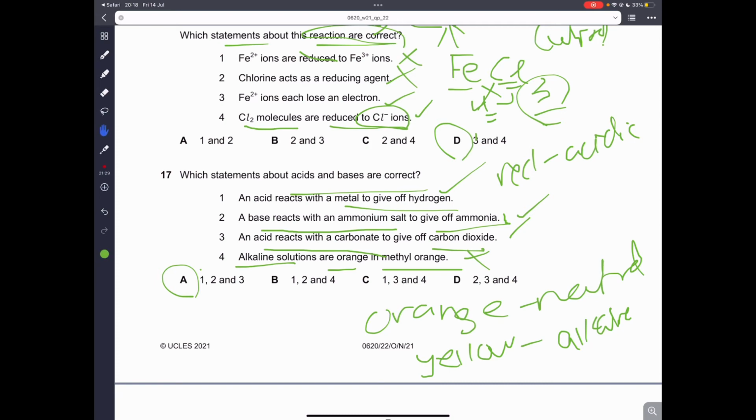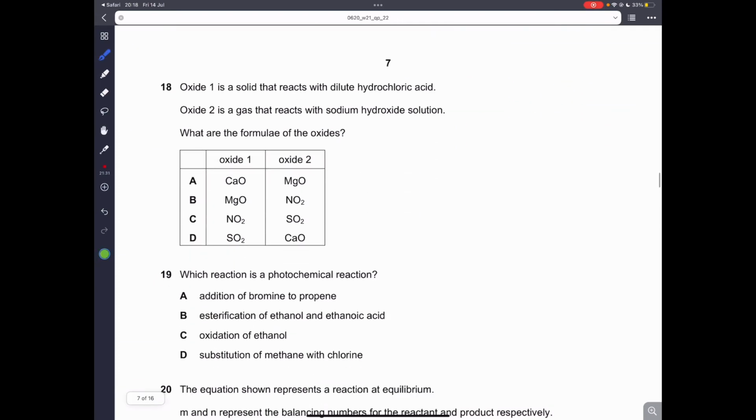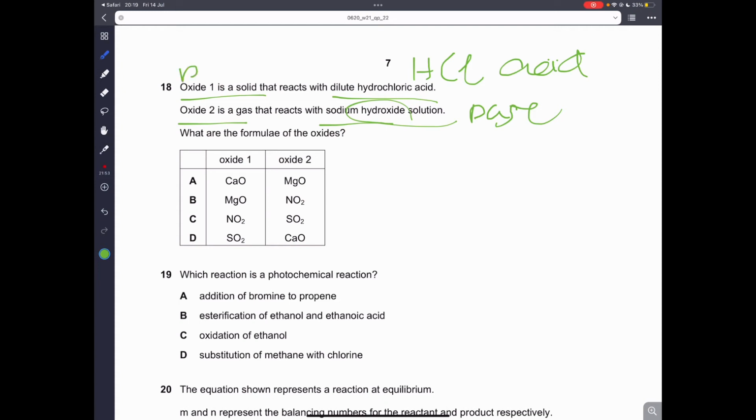Question number 18, oxide number 1 is a solid, oxide number 2 is a gas. Okay, oxide 1 is a solid that reacts with hydrochloric acid. And oxide 2 reacts with sodium hydroxide solution. Now this is the base. This is an acid, so they both react with the other. So this means oxide 1 has to be the opposite of an acid, which is basic, and oxide 2 has to be acidic because it reacts with a base.